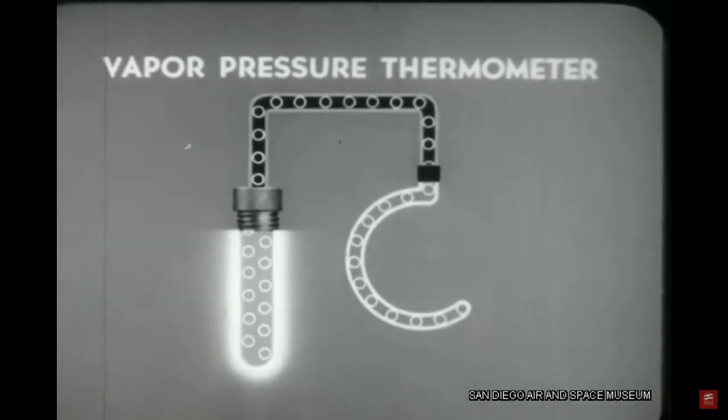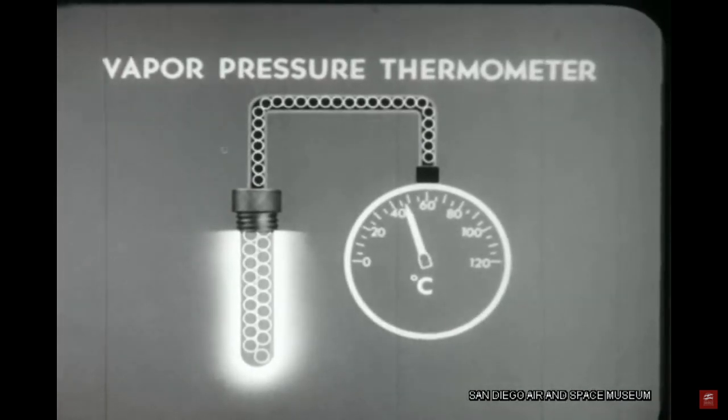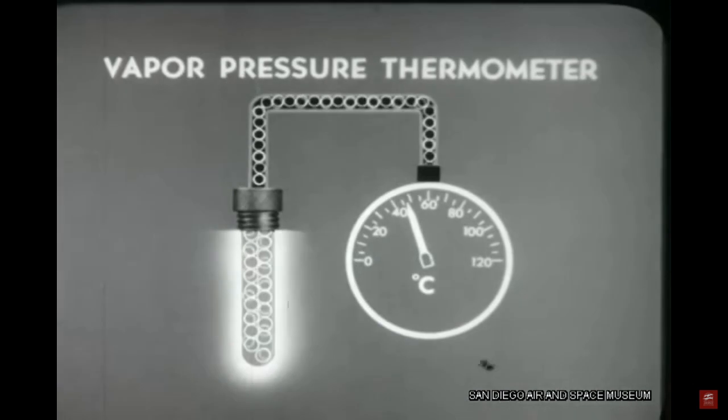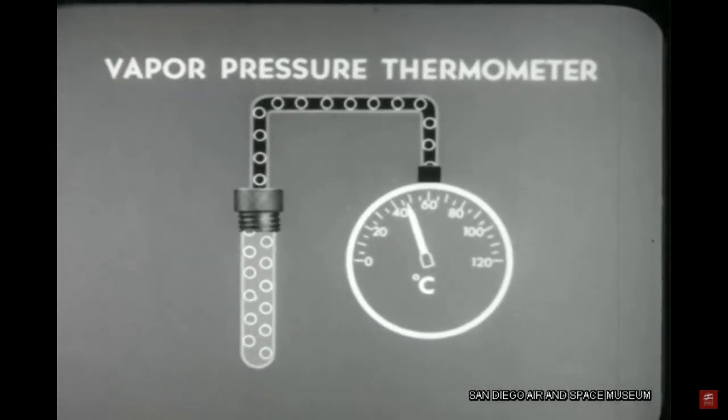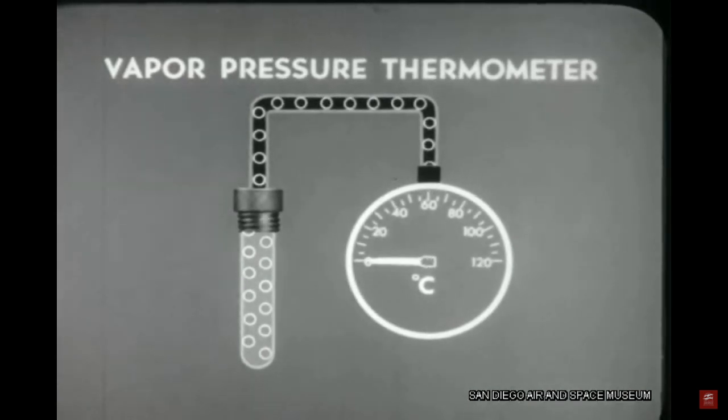When the fluid is heated, it vaporizes and expands. This causes the Bourdon tube to straighten and operate a mechanical linkage in the instrument. This linkage moves the pointer on the gauge to reflect a higher reading. As the fluid in the bulb cools, it contracts. The Bourdon tube curls and a lower temperature is reflected on the gauge.